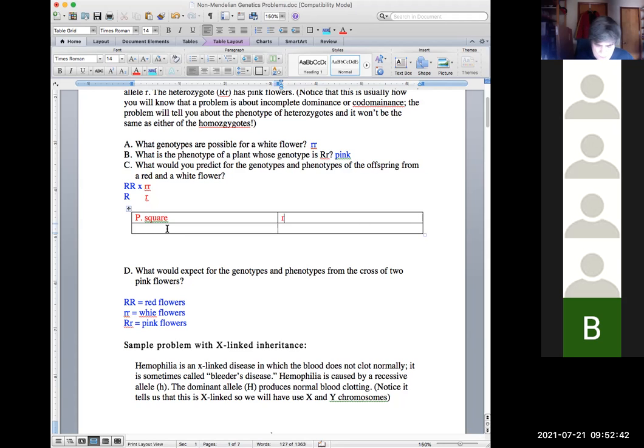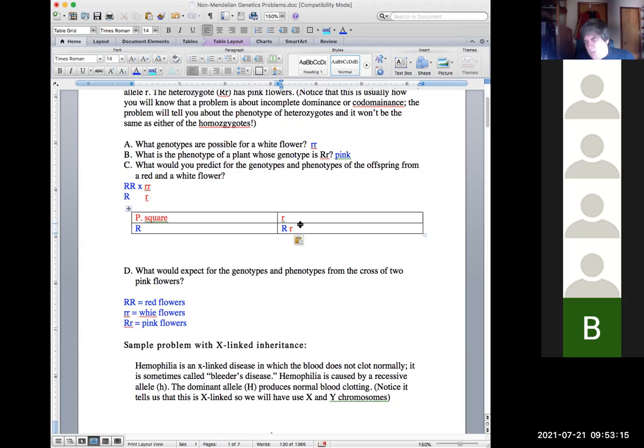We're going to put all the different sperm, or pollen in this case, that the male can make over here. So remember, the way we fill out our Punnett square, we carry whatever the male can make across to every cell in the same row. We're going to carry whatever the female can make down to every cell underneath it in the same column.